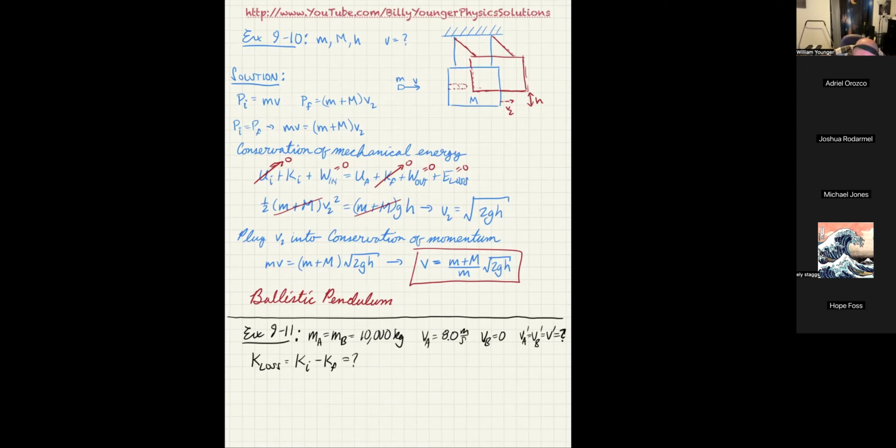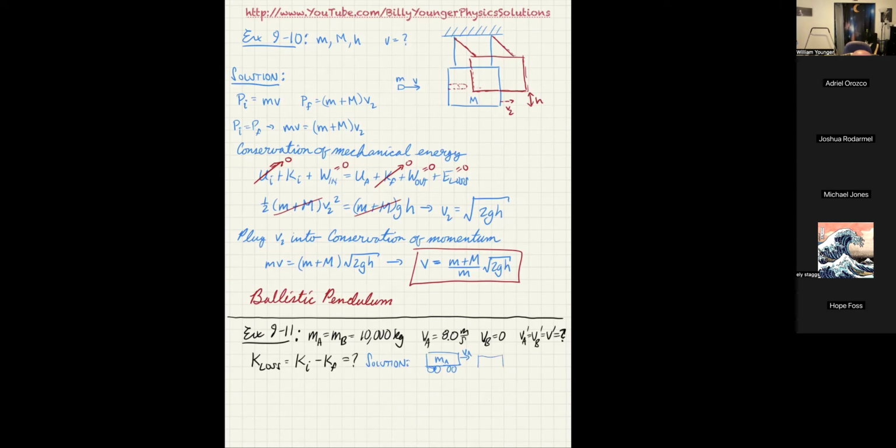So what we have here is a train car moving with a velocity VA having a mass, which we'll call MA, because I want to work it in general anyway.